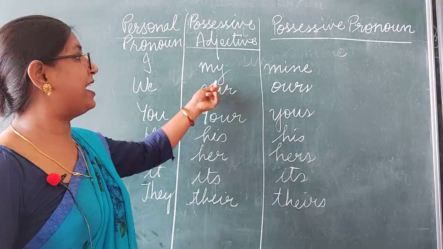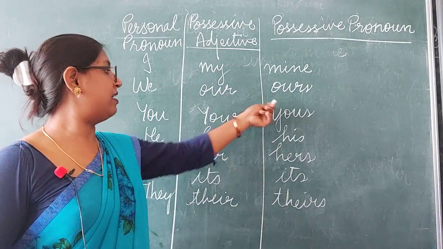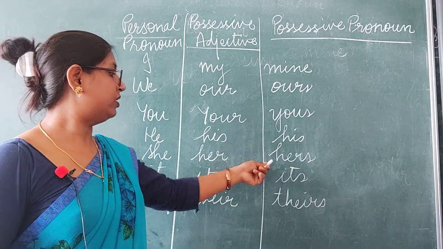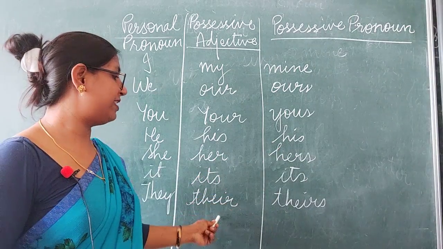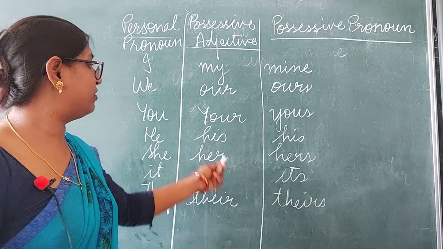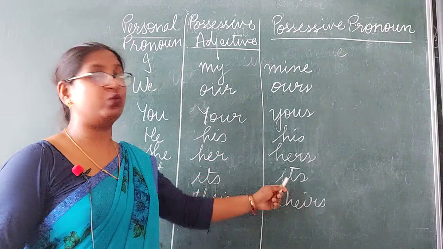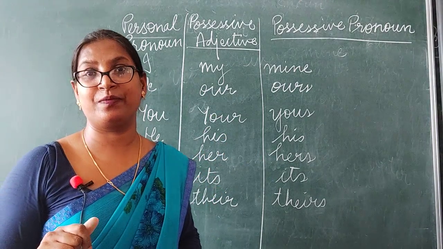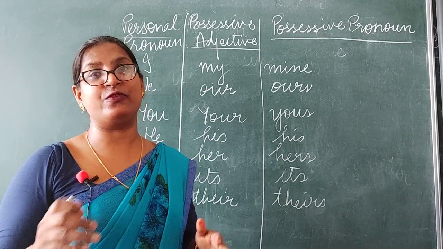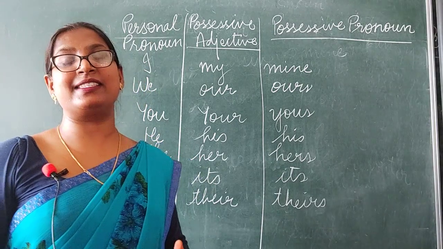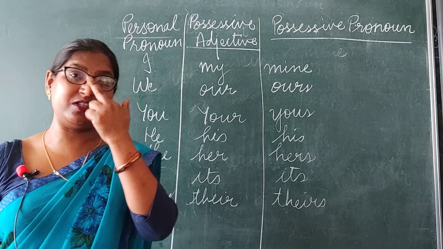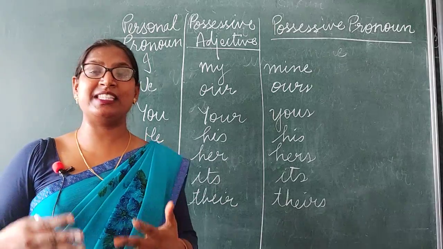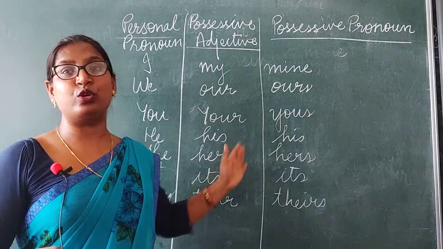If you see mine, my, our, ours, your, yours, his, her, hers, its, their, theirs, you can see these two words are the same, these two words are the same, and in other words we can see a slight change. So usually students get confused in recognizing possessive adjectives and possessive pronouns because they look similar. We can see similarity in both the forms.